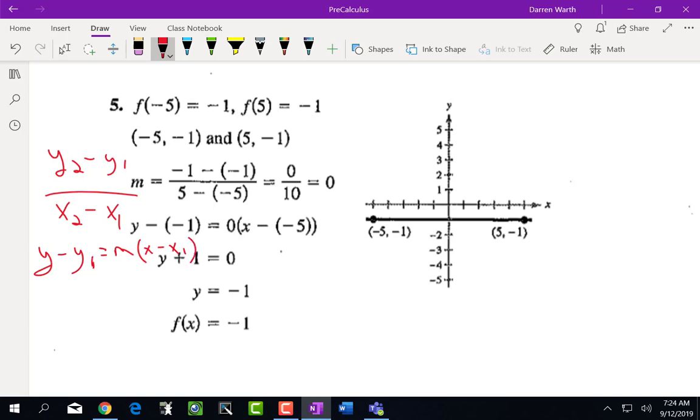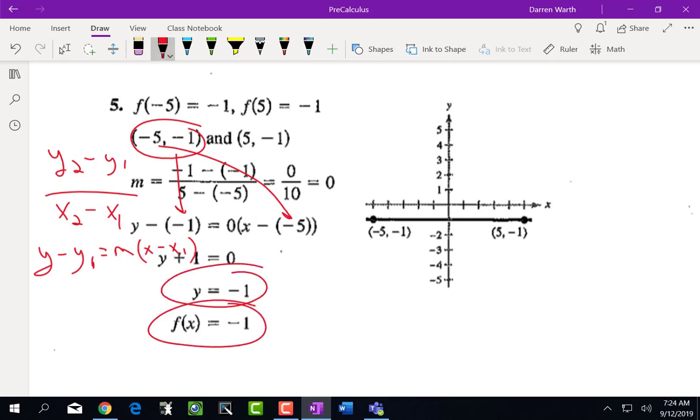Just substituting in, it looks like this time we choose this first pair. So y minus y sub 1 is substituted in, 0 minus a negative 5. Then they substitute this in. So y minus negative 1 is going to be y plus 1. And then 0 times that is just going to be 0. So you get your answer of y equals negative 1. So f of x equals negative 1.